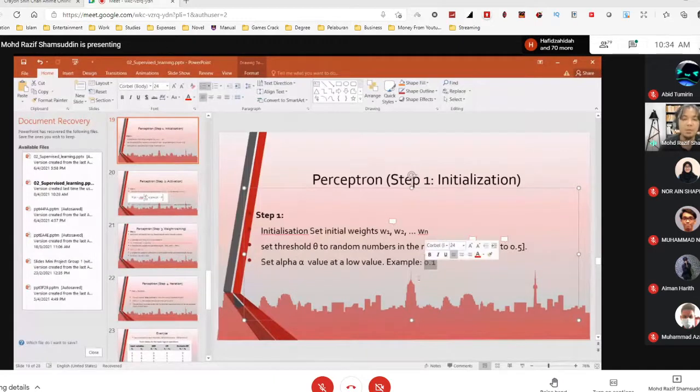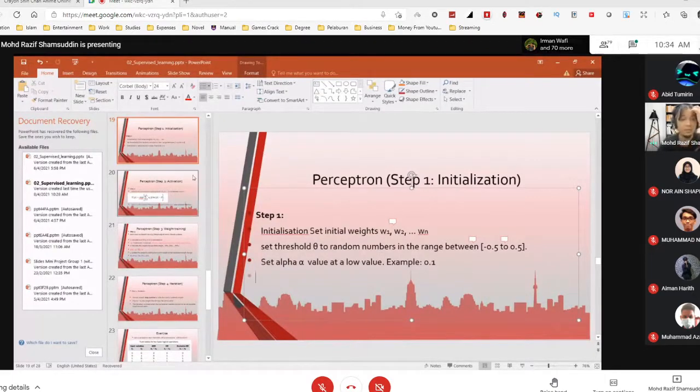Okay, so the lower the alpha, the slower the network will learn. The higher the alpha, the faster the network will learn. So in this example 0.1 is preferred. Okay, later we will learn how to change the value of alpha and how the alpha value affects the learning of the perceptron.